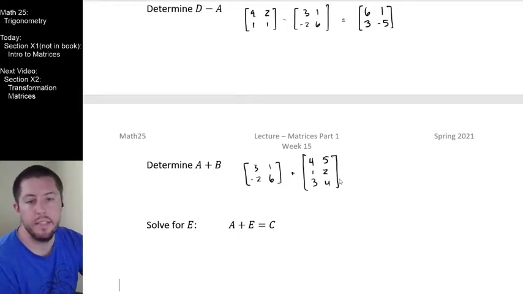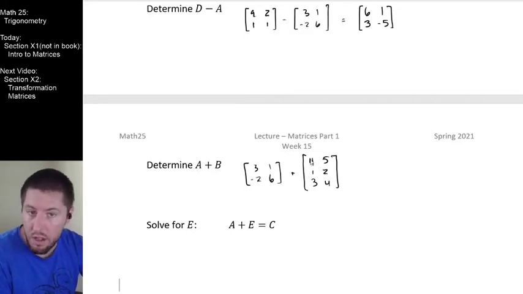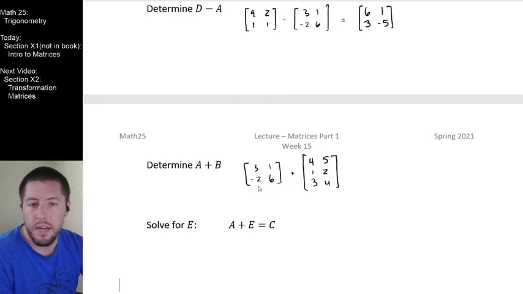Now, you should realize that this is going to get a little bit uncomfortable because even if I could do first row, first column is 3, plus first row, first column is 4 to get 7 for the first row, first column over here, what's going to end up happening? Like, what do we even use the 3 and the 4 for over here? It looks like there's nothing really happening. Now, there certainly aren't zeros sitting down there in the bottom for us to do this addition.